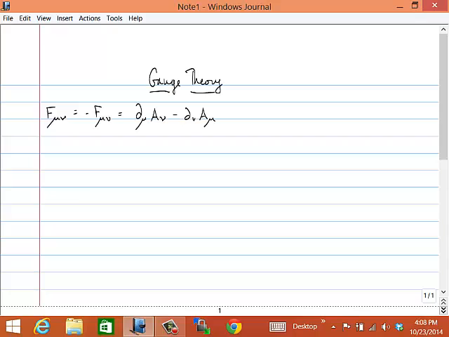This is called A mu. Its 0th component is the electric potential. Its I components are the vector potential. And its derivatives give you the electric and magnetic fields through this formula that I've written right here.